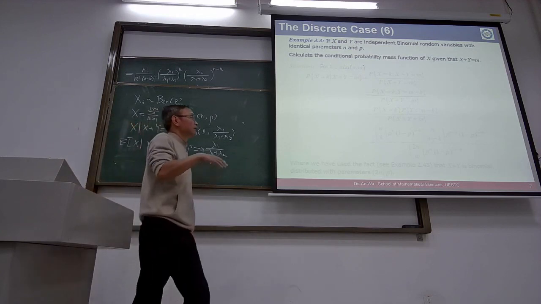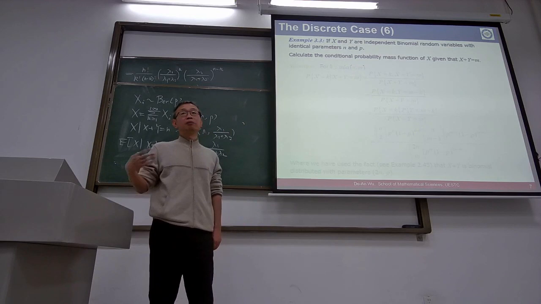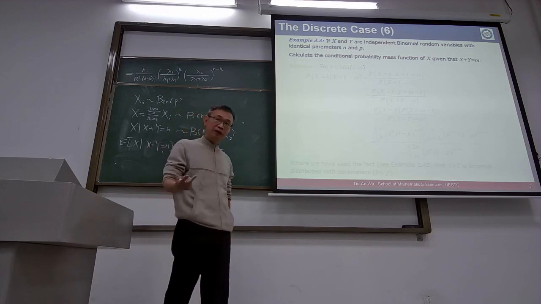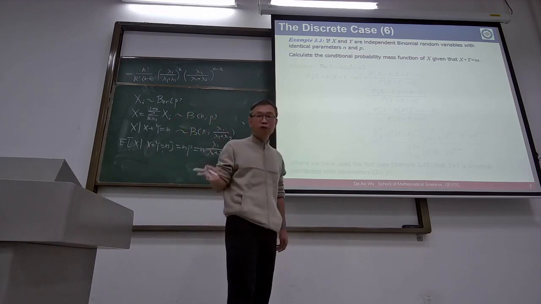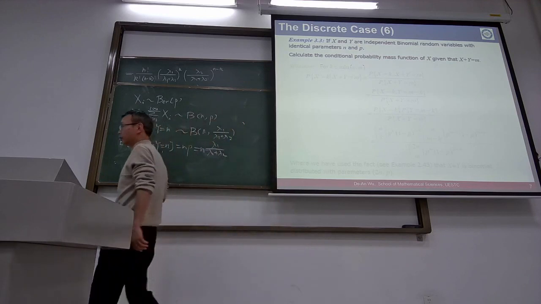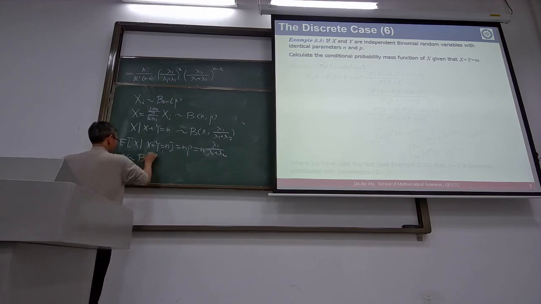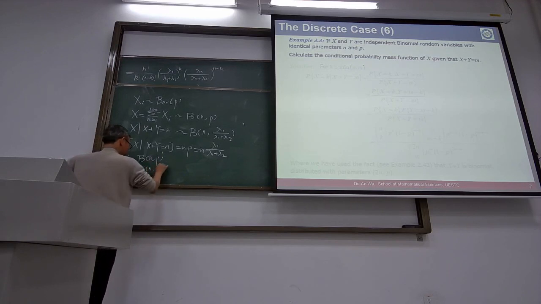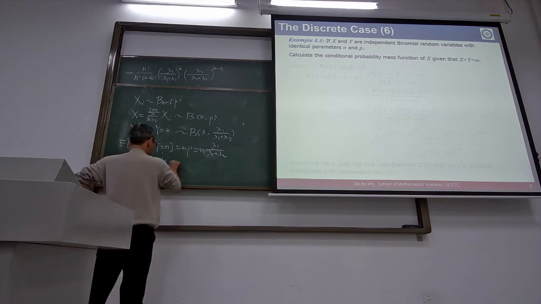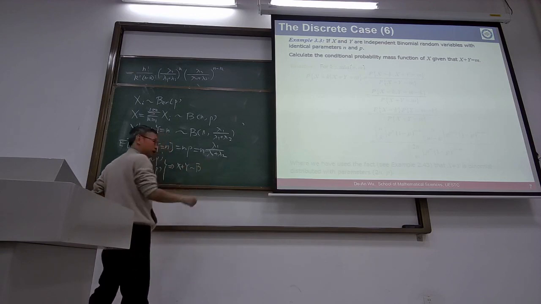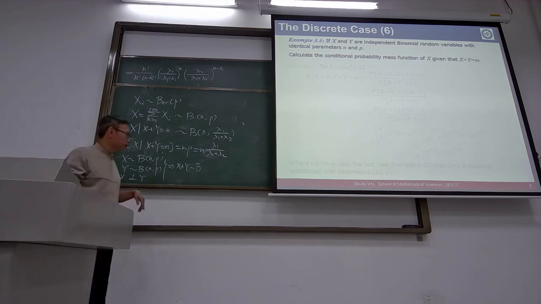We recall that binomial also has the additive property, namely the sum of two independent binomials with identical p also follows binomial. That means x follows binomial np, y follows binomial np, and x and y are independent. We have x plus y follows binomial with parameter 2n, p.